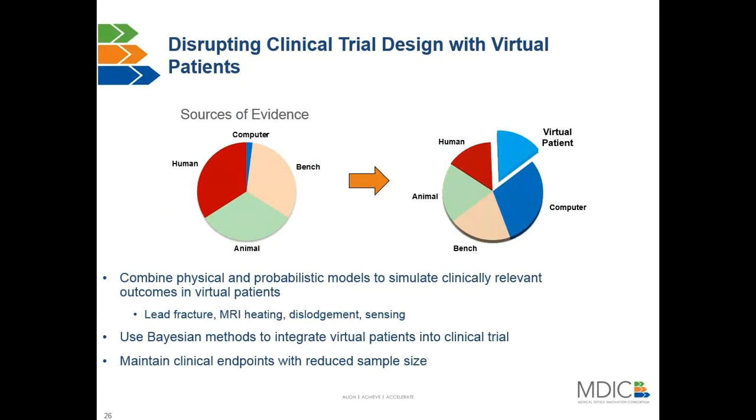So what are we trying to do? Well, if you look at the current sources of evidence, it's made up of a combination of humans, animal, bench testing, and computers, computer modeling. But humans really are the most expensive element. So we really would like to disrupt the whole clinical trial design with what we're calling the addition of virtual patients. And you can see we want to create a new pie wedge with these virtual patients, which would augment the real patients.